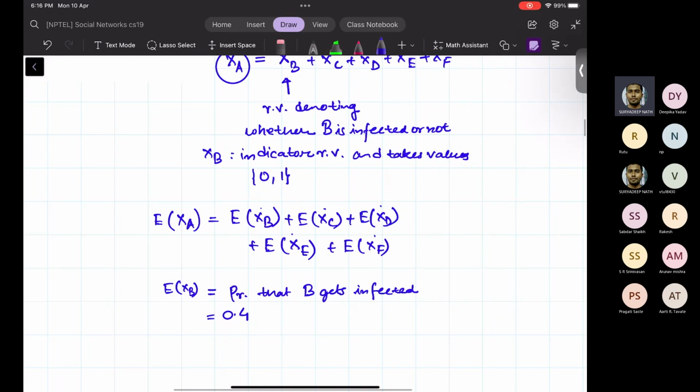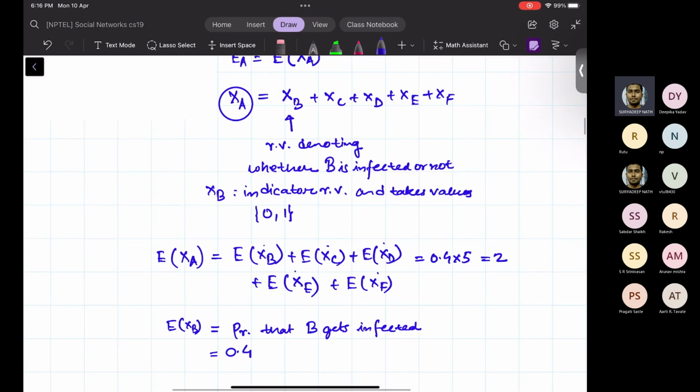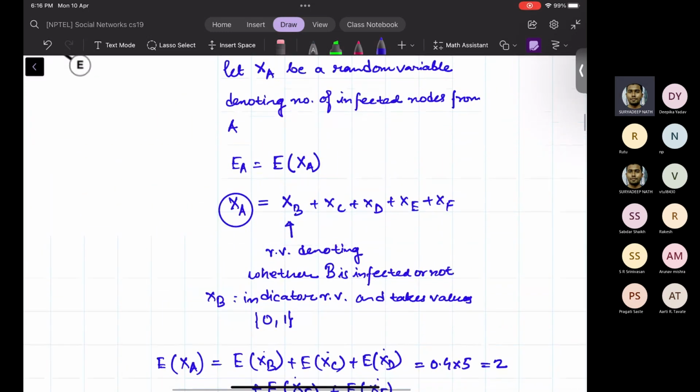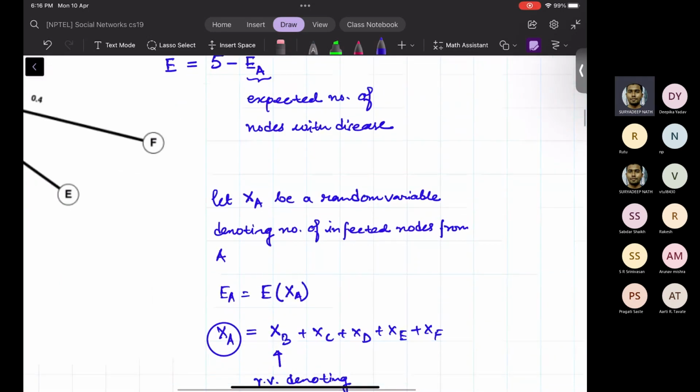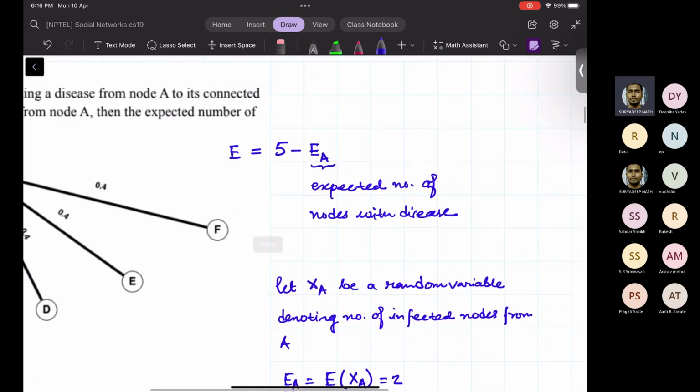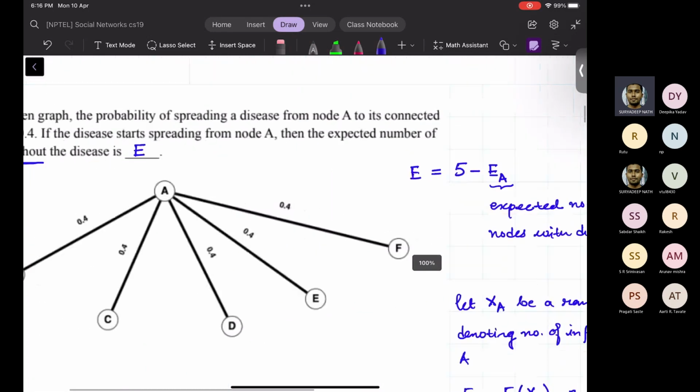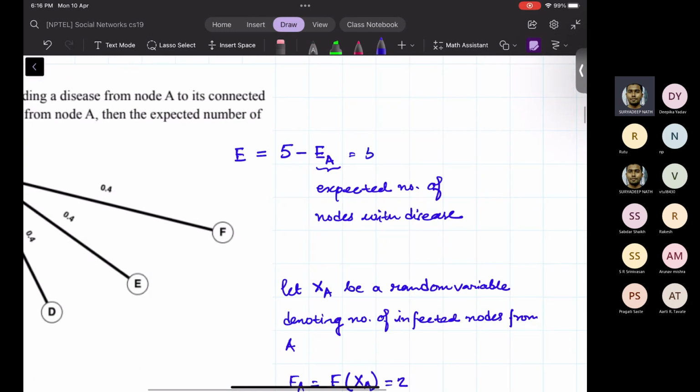and that is equal to 0.4. All of them, E of XB, E of XC, E of XD, E of XE, and E of XF are the same. So basically, this is 0.4 into 5, that is 2. So E of XA is 2, which is what we are calling E of A. Therefore our E, the expected number of nodes without the disease, is 5 minus 2, that is 3.